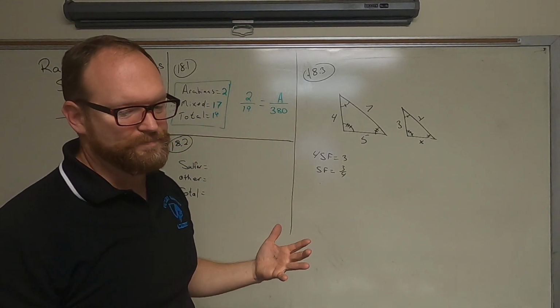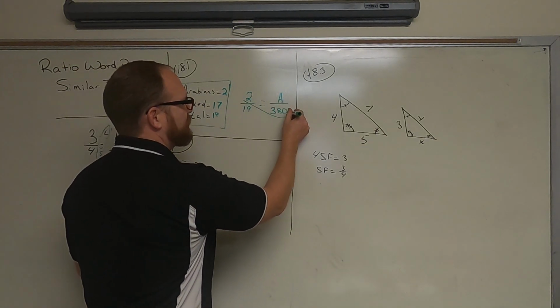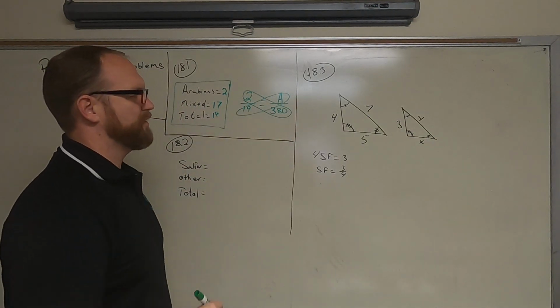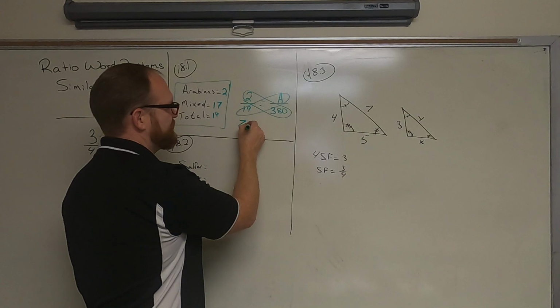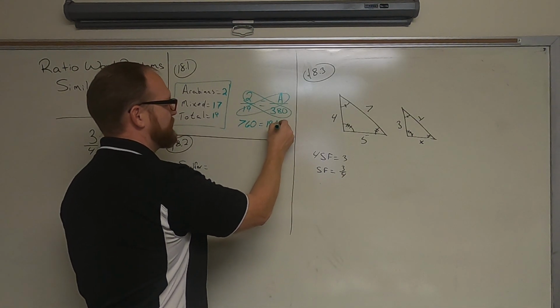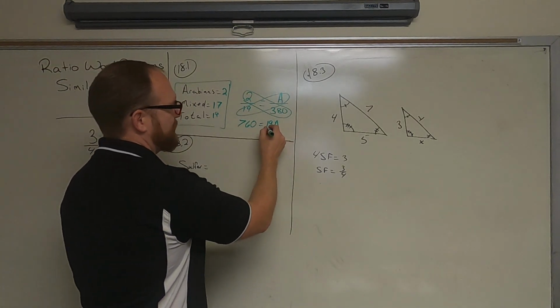So how are we going to figure that out? Well, we'll do the same thing we did before. We're going to cross multiply, 2 times 380, which is 760, equals 19A, or 19 Arabians. And from there, what do we do? We just divide by 19.